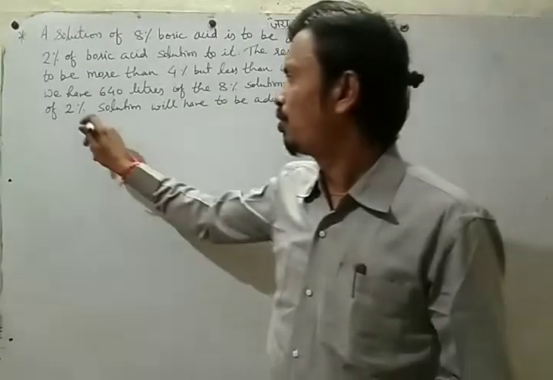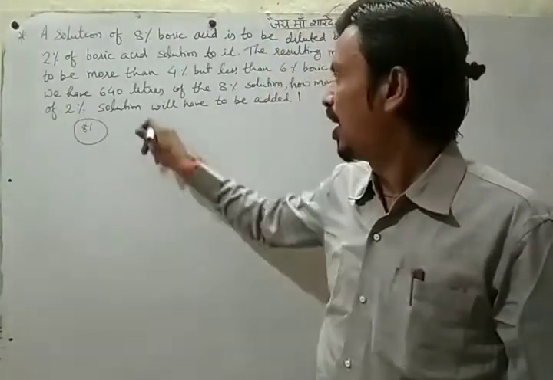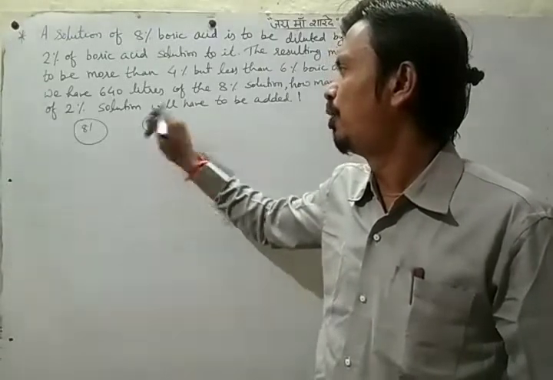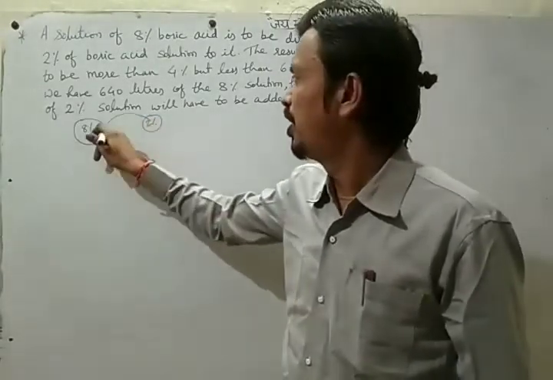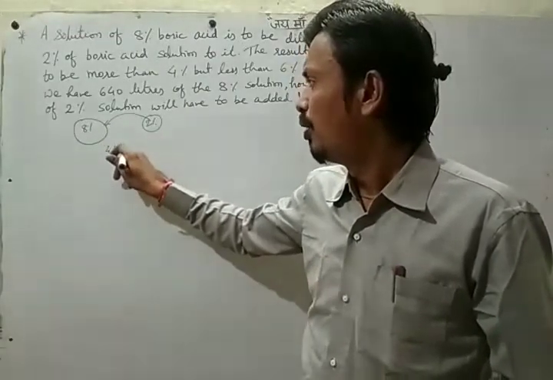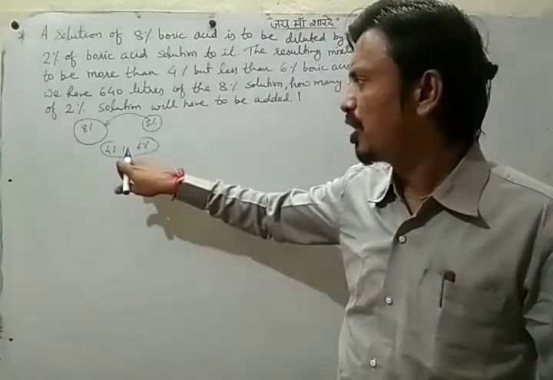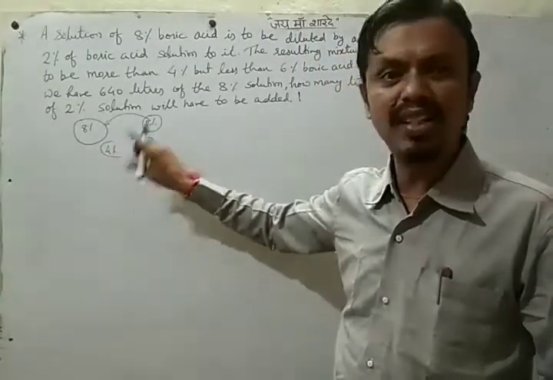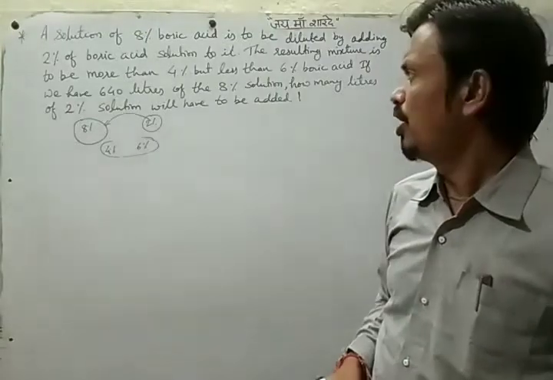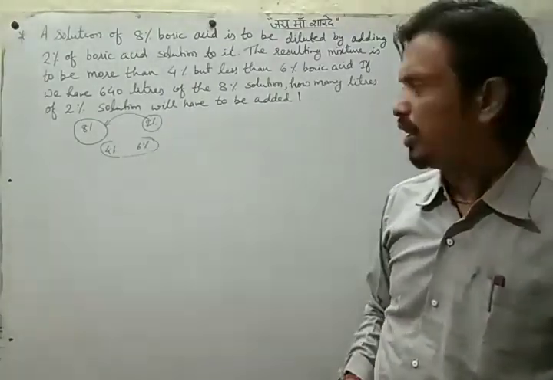We have one solution having 8% boric acid and another solution having 2% boric acid. We want to mix them so that our resulting mixture will be between 4 and 6%. So how many liters of 2% boric acid do we have to add?